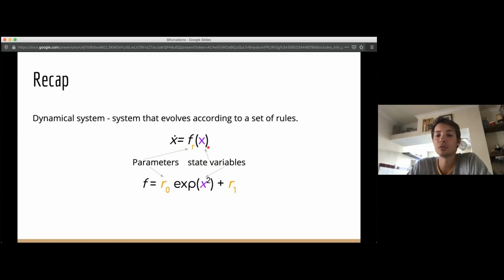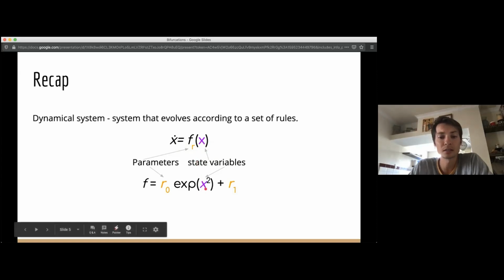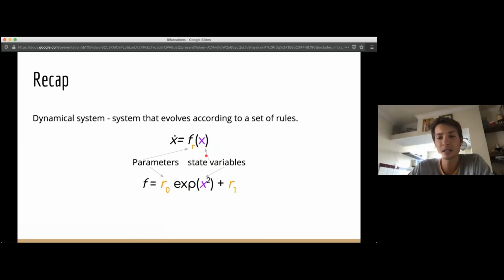The state variable is usually the variable we are interested in observing and that relates somehow to our experiment. Very often that variable is modulated by some mathematical functions, and it also depends on a set of parameters that affect the behavior of the dynamical system. In the first and second sessions, we focused mainly on analyzing the behavior of those state variables, and this is something I would like to remind you of right now.